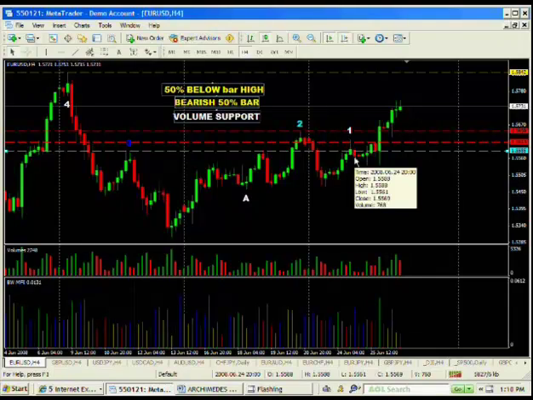Now what happens on the next bar? This next bar is also on strength, because it didn't even close lower than the prior bar, and it didn't even make a lower low than the prior bar. So now we have two bars in a row that signal strength.